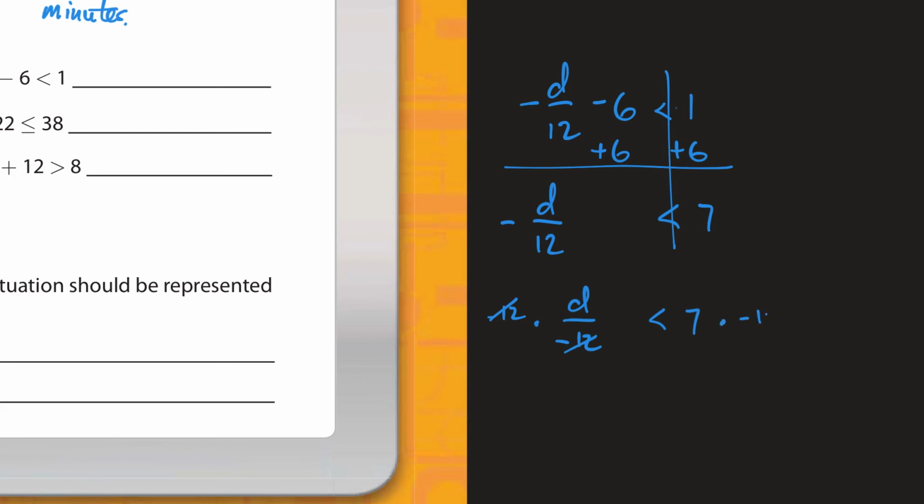And 7 times negative 12 is negative 84. Now we did something important here: we multiplied by a negative, which means I have to switch the inequality direction. So our answer is d is greater than negative 84.